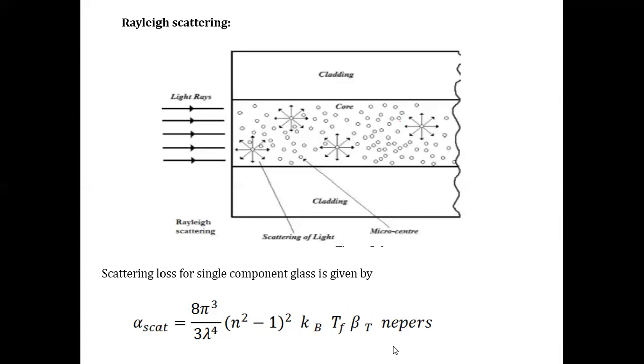That is nothing but the fictive temperature. So let us see what the fictive temperature is. Fictive temperature is defined as the temperature at which the glass can reach a state of thermal equilibrium. It is closely related to the annealing temperature, right? So the temperature at which the glass can reach the equilibrium state represents the fictive temperature.